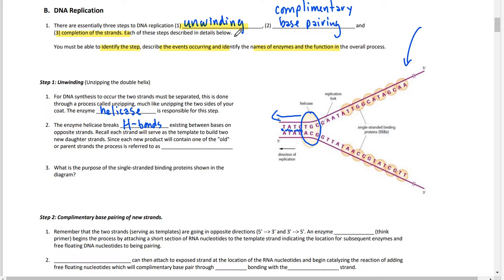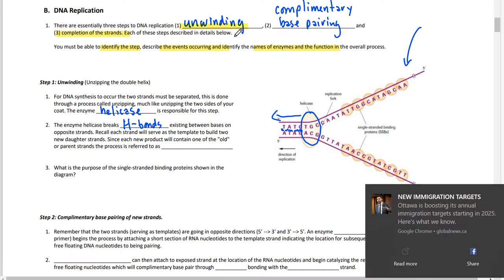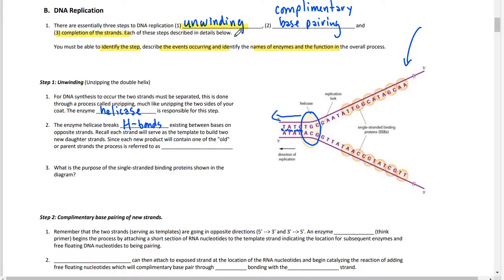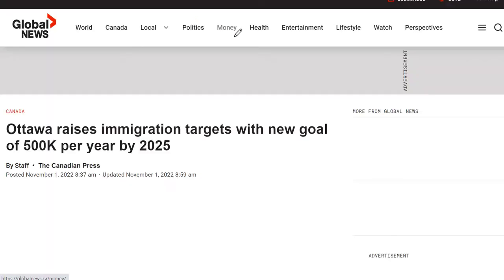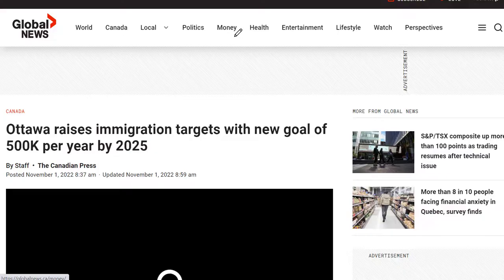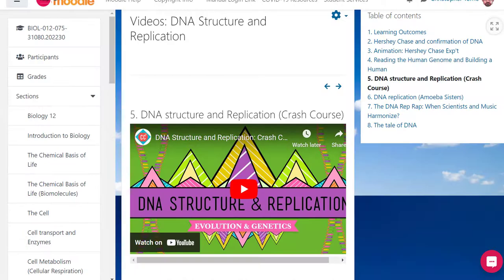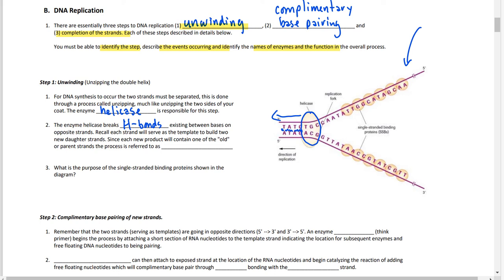One term that's used, sorry about that, is that we call the process of DNA replication semi-conservative.